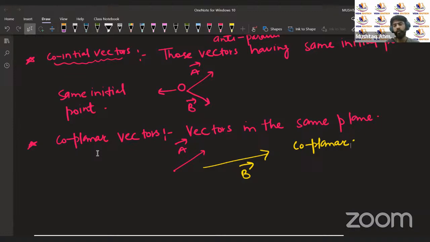If there are three, four, five vectors, it's not necessary that all of them will be coplanar. They can be in two different planes, or in n different planes.